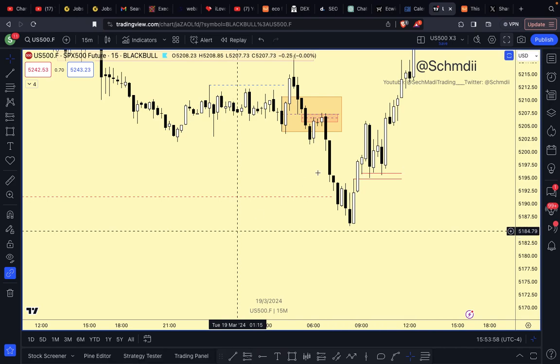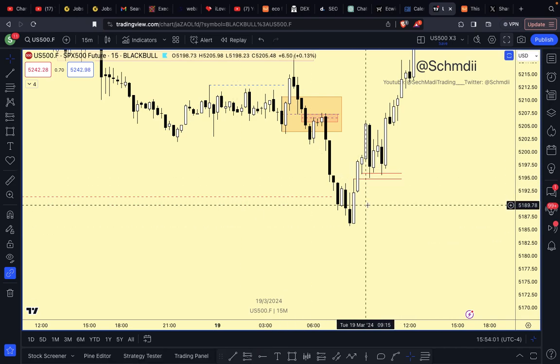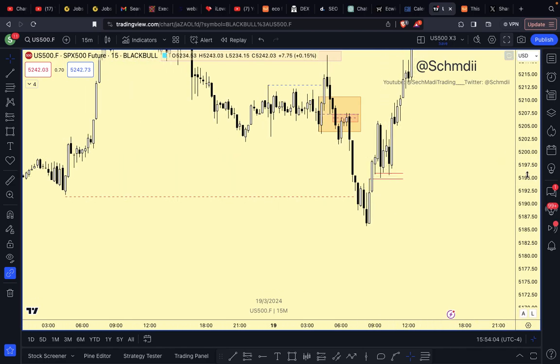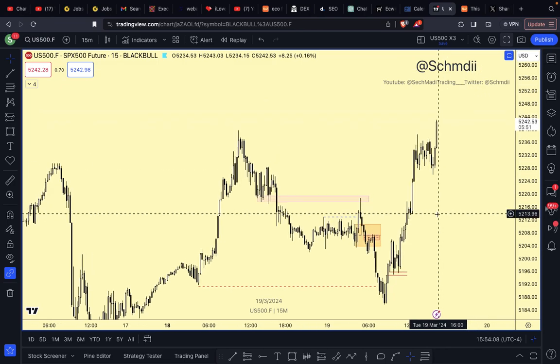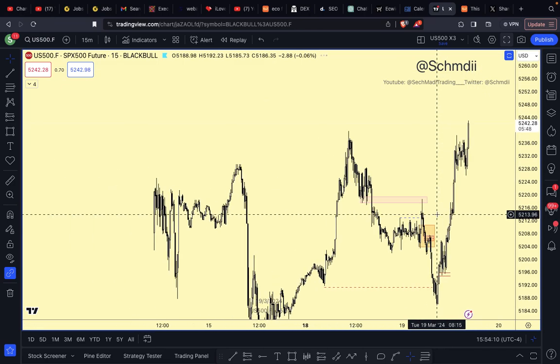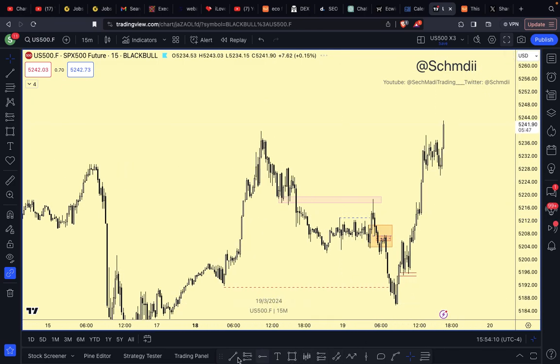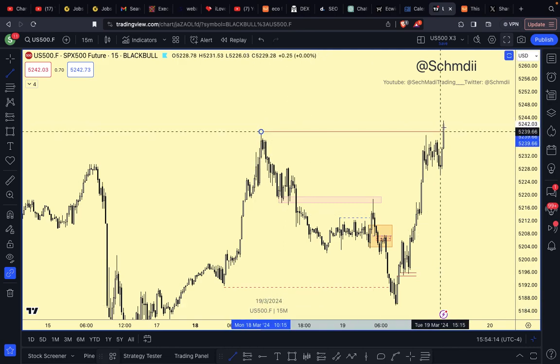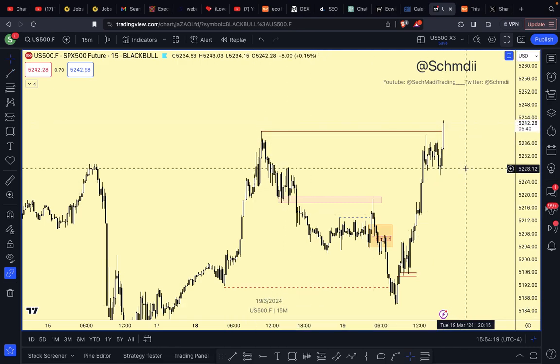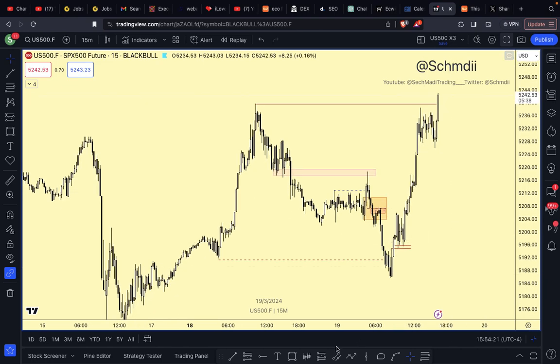So we had the bullish fair value gap, price tapped into that at 9:15, 10:15, and then we shot all the way up. And we just now crashed into that buy side.